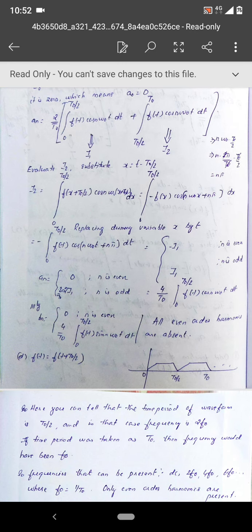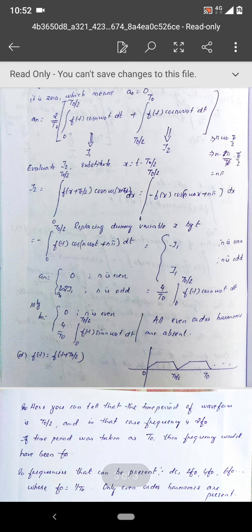First we'll consider what happens when n is even. When n is even, that is 0, 2 pi, 4 pi, so cos of n omega naught t plus 2 pi, 4 pi, or 0 will be the same thing itself, that is cos n omega naught t.